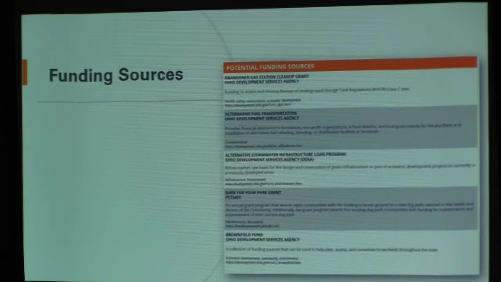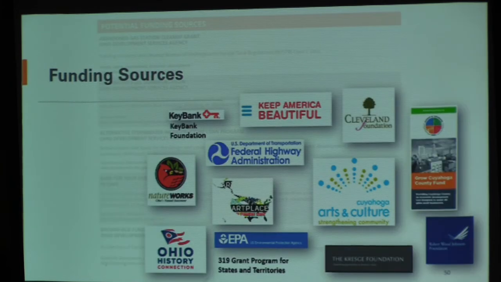If at any time in the next few years you want to make sure it's still up to date, you can check with us, and we'll try to keep everybody up to date. They include everything from private foundations to government programs, whether it's for trails, environmental protection, or arts and culture. There's a lot of different things out there.